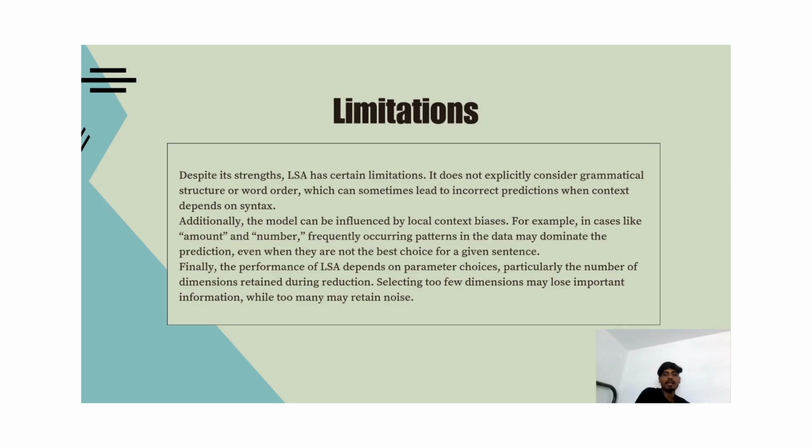Therefore, selecting an appropriate value for this parameter is crucial for achieving optimal performance. This limitation suggests that while LSA is powerful for capturing semantic relationships, it may need to be combined with methods that incorporate syntactic or grammatical information to achieve better overall performance.